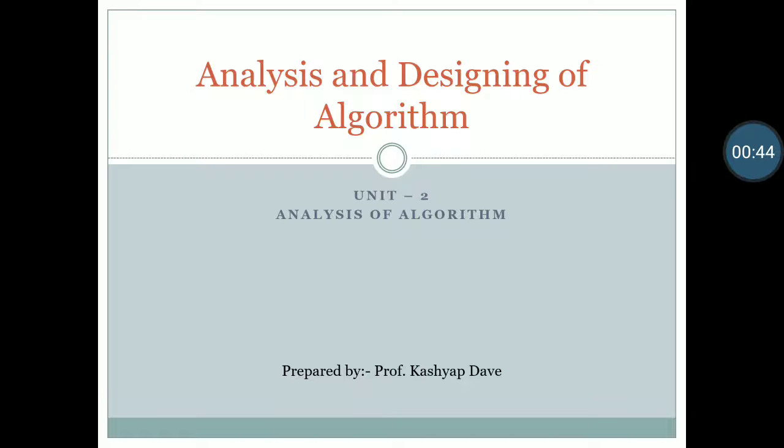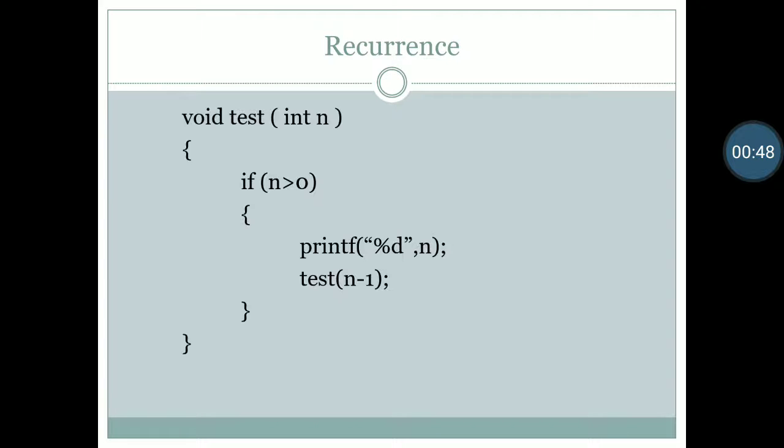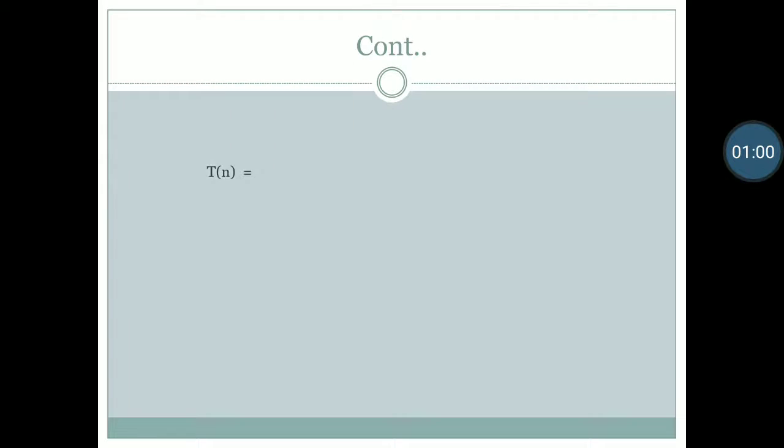For it, in the previous video lecture, we have seen this type of code. From this code, we made a recurrence relation, and we learned that it can have two results.